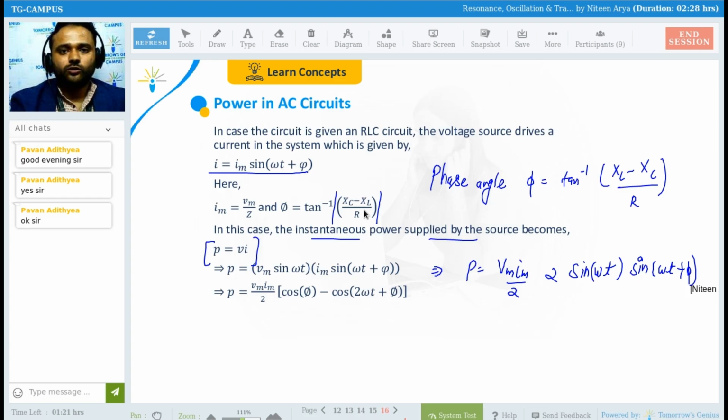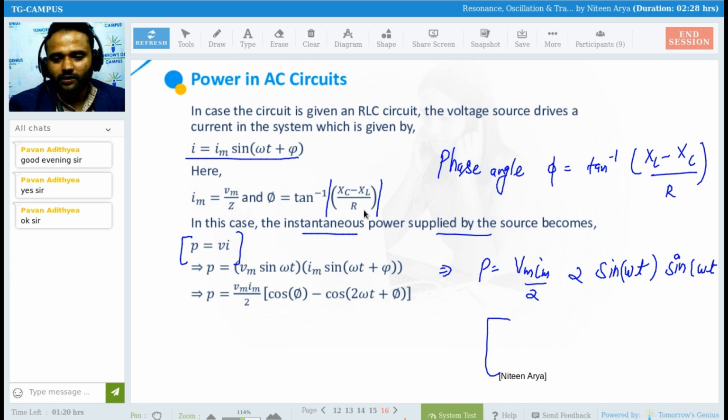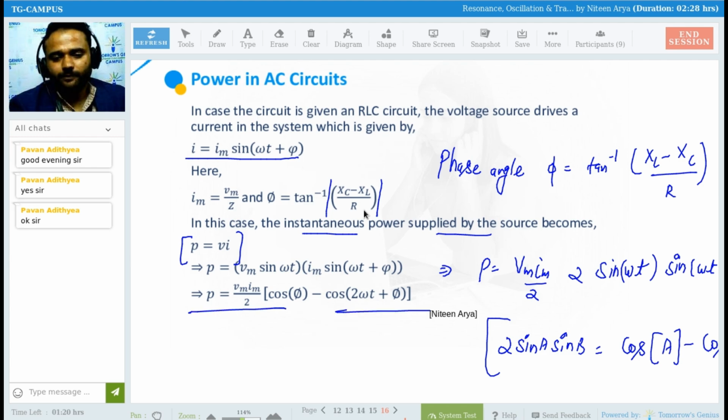Beta, this is the formula: 2 sin A sin B equals cos(A minus B) minus cos(A plus B). Is this clear? So this gives cos phi and cos(2 omega t plus phi). Using this formula, we can get the power formula here.